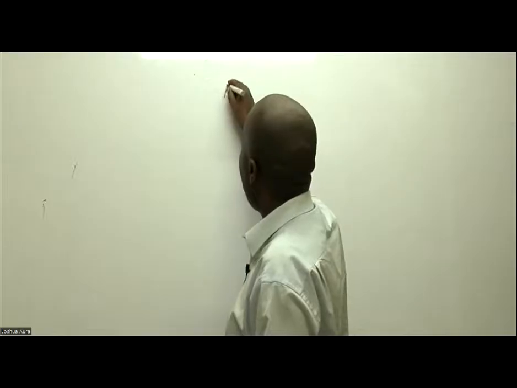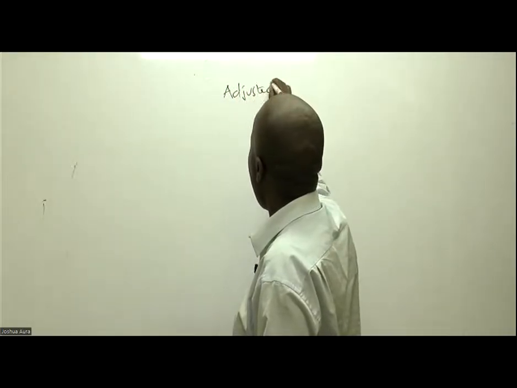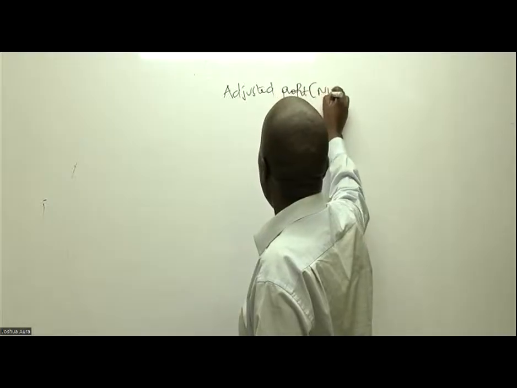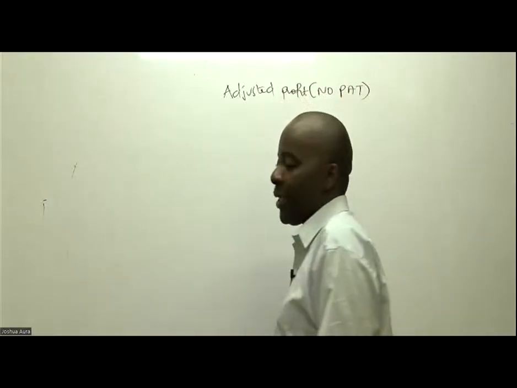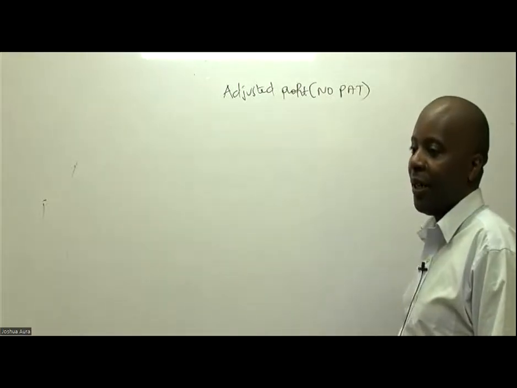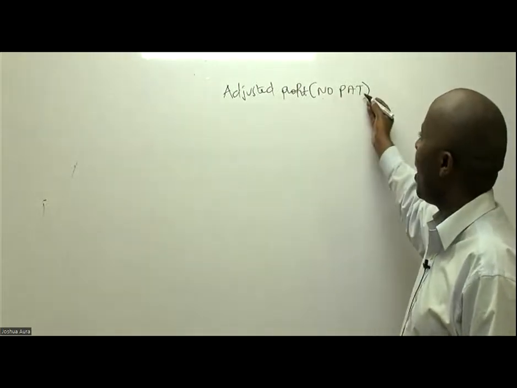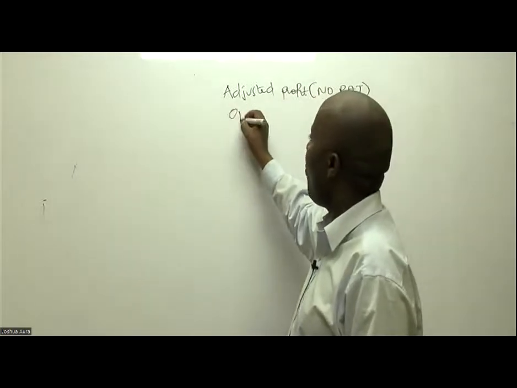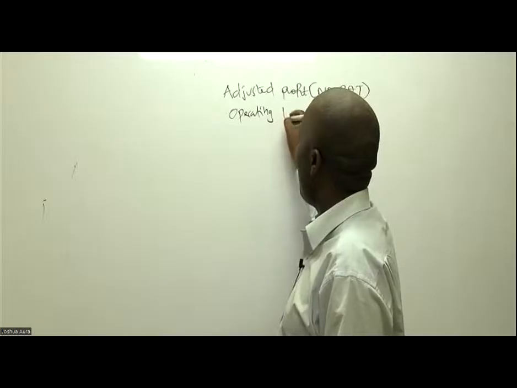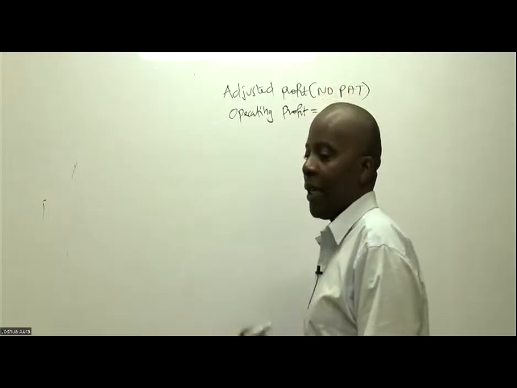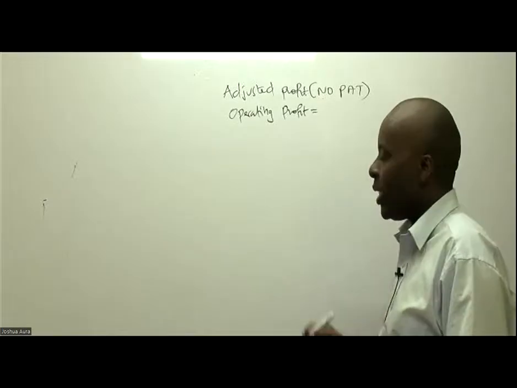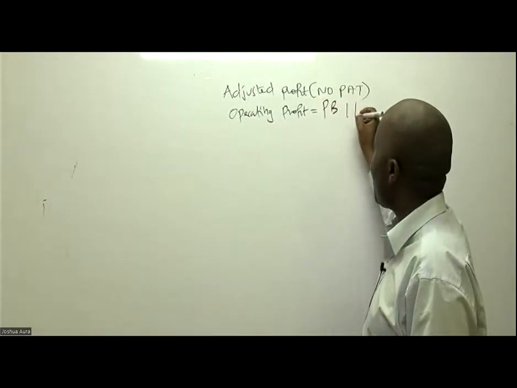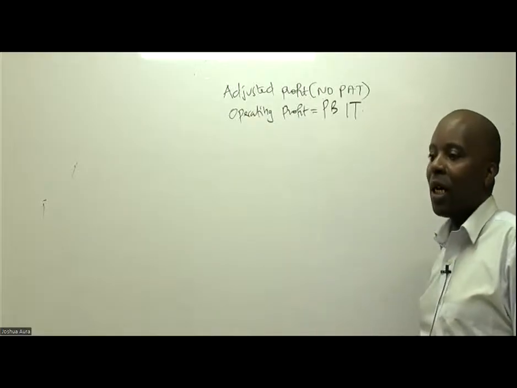So how do we get adjusted profit? Remember that this adjusted profit is what we are calling the famous NOPAT. And because we are talking about NOPAT, when they talk about operating profit, it is always the same as profit before interest and tax.